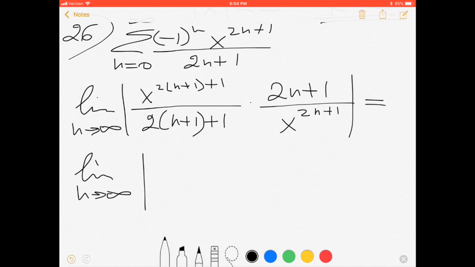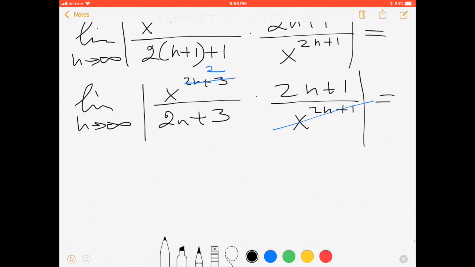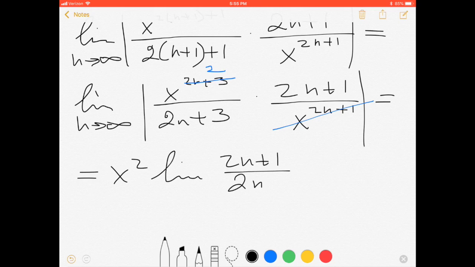What do we have here? x^(2n+3) over 2n+3, times 2n+1 over x^(2n+1). This cancels, and here we have a square, so our limit will be x squared times the limit of (2n+1) over (2n+3).